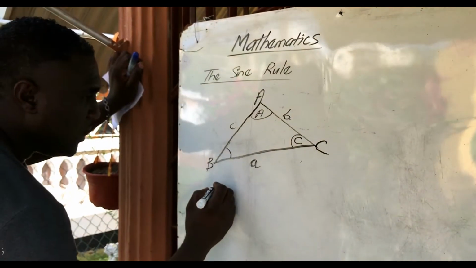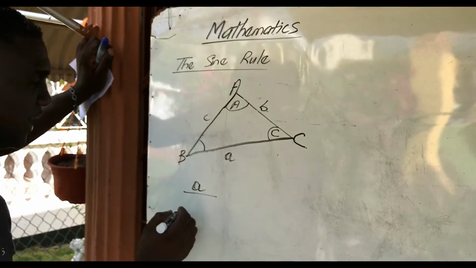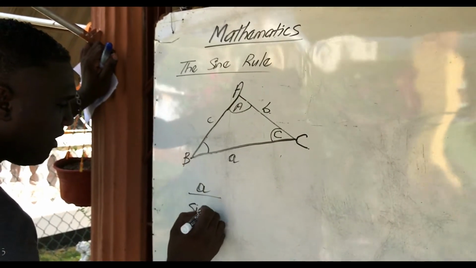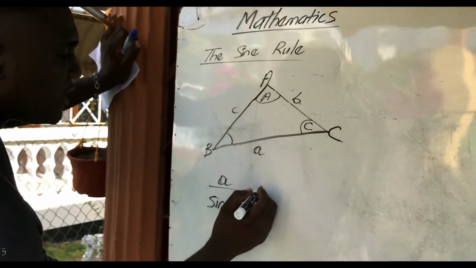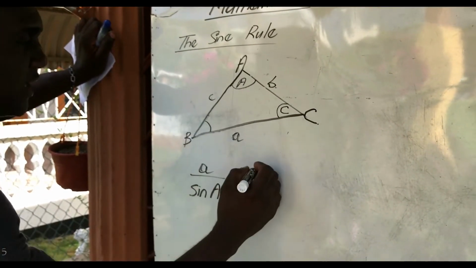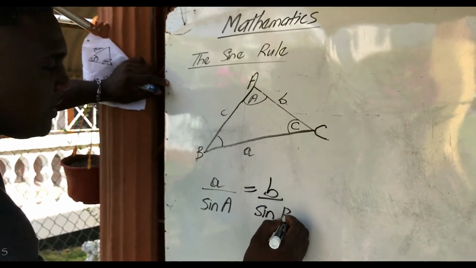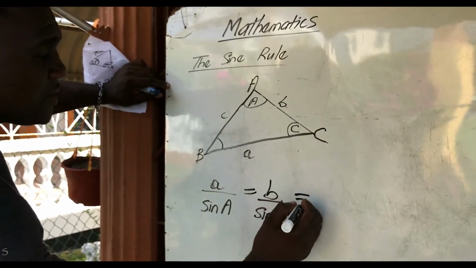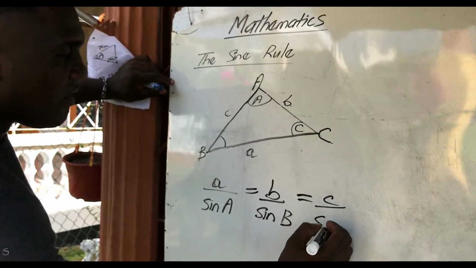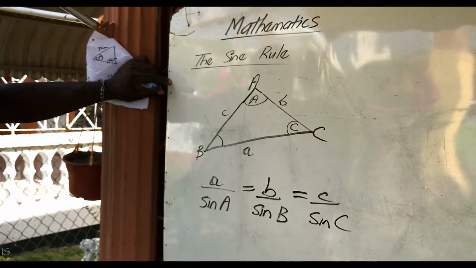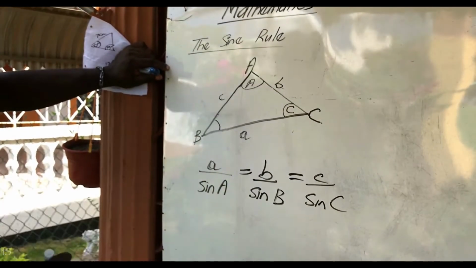Now let us say if we know side A and we divide it by the sine of angle A, whatever ratio we get is the same as if we were to divide side B by the sine of angle B, and we'd also get the same ratio if we were to divide side C by the sine of angle C. What this gives us is a rule called the sine rule.